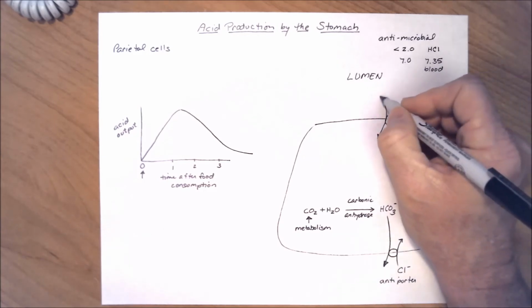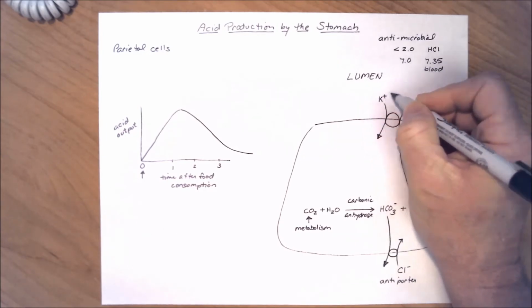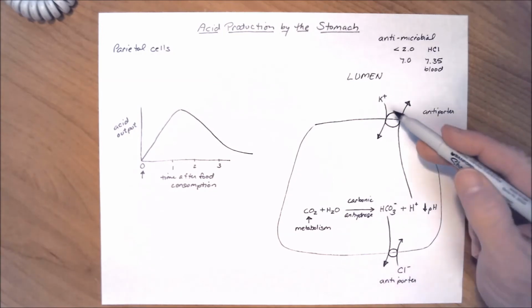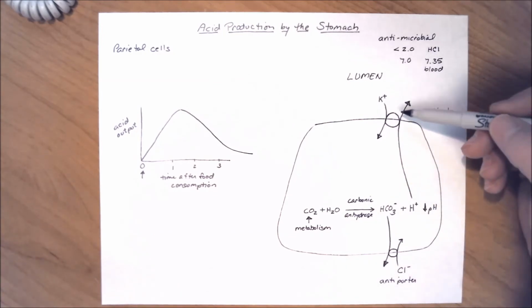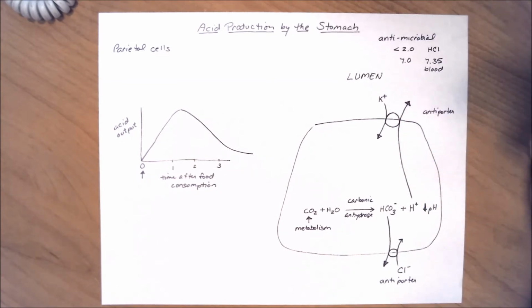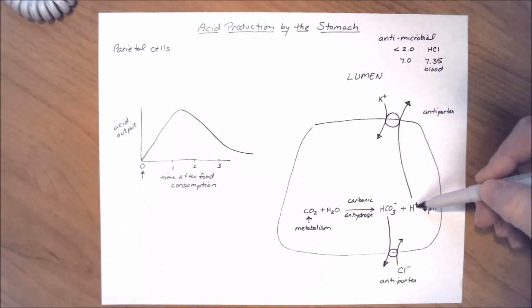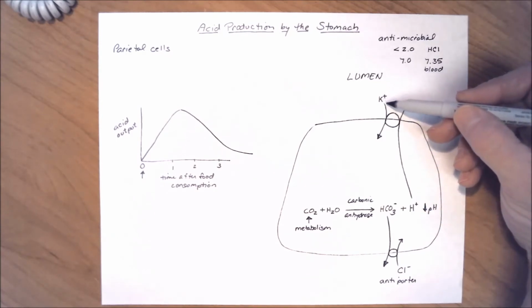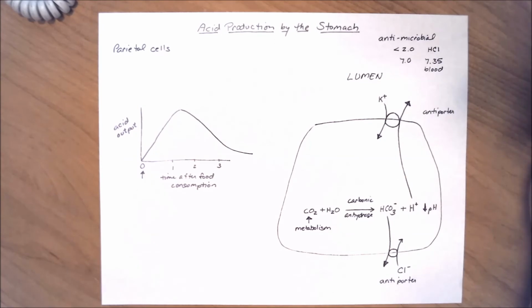This ion is potassium. The important feature is that we are maintaining, as best we can, electrical neutrality. So we are transporting a proton with a positive 1 charge and a potassium ion with a positive 1 charge to keep neutrality.